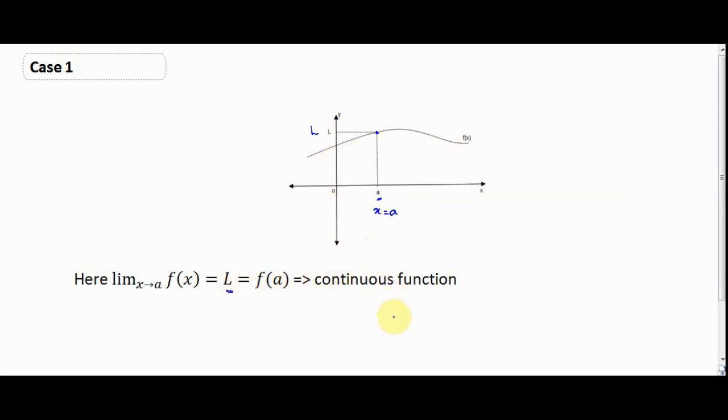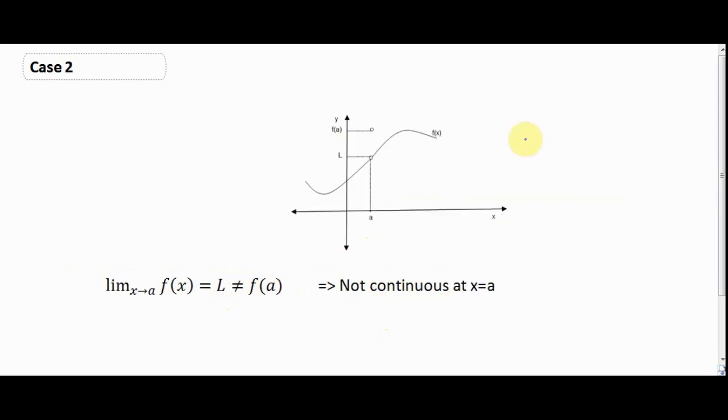Let's see another case. In this case, you can see that the curve is almost continuous except at the point x equal to a. At the point x equal to a, the function takes a value which is equal to f of a, that is this one.